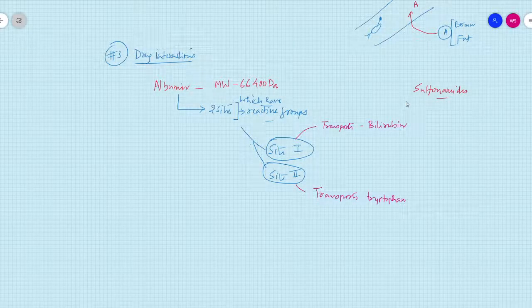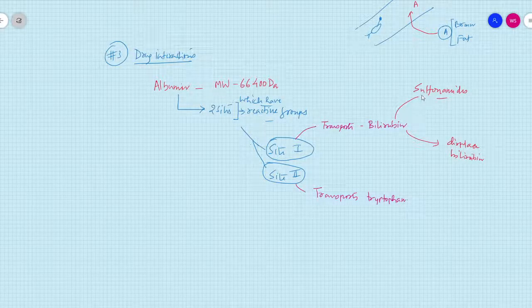The sulfonamides will displace bilirubin from the binding site and get attached to the binding site.